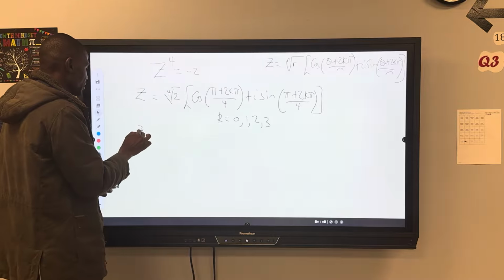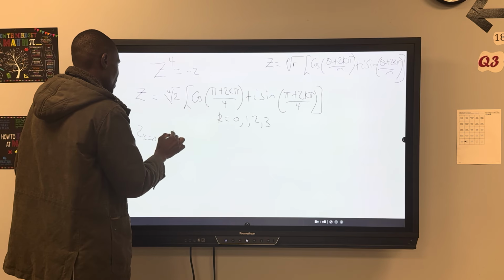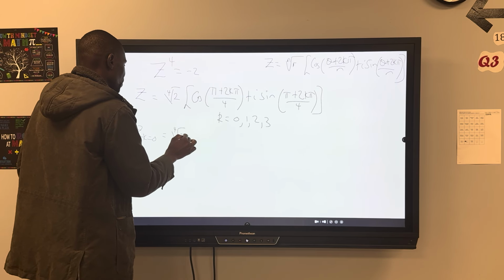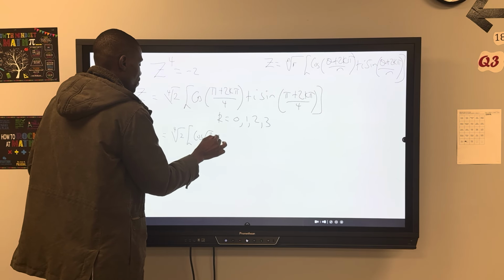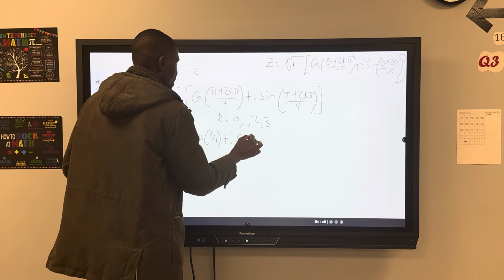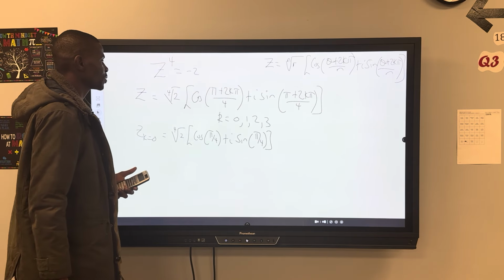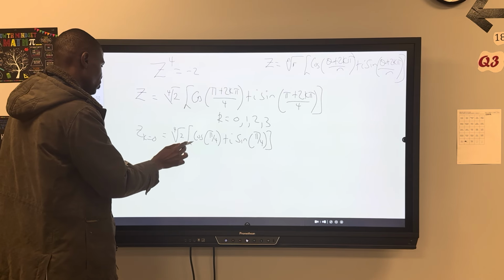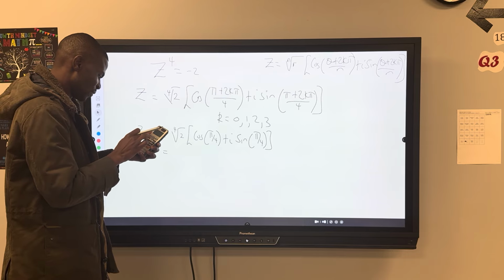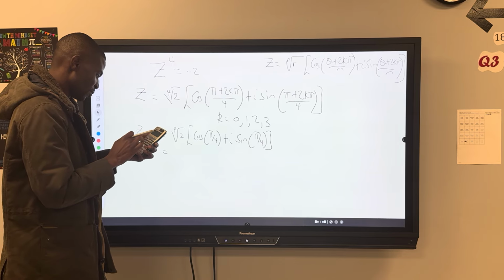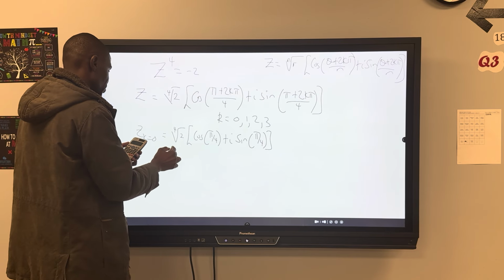So as usual, we start when k is 0, right? So when k is 0, it's going to be 4th root of 2, then cos pi over 4 plus i sine pi over 4, should be 1.4 something something. Cos pi over 4 is root 2 over 2. Allow me just to use the exact value.